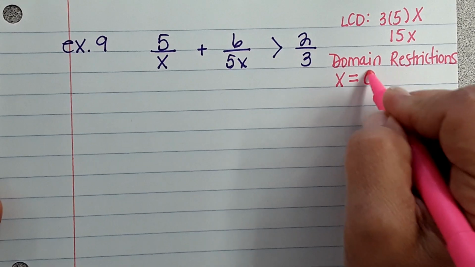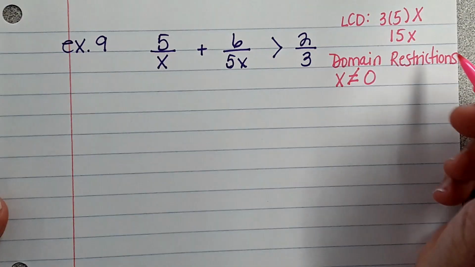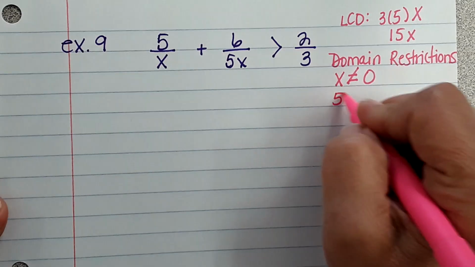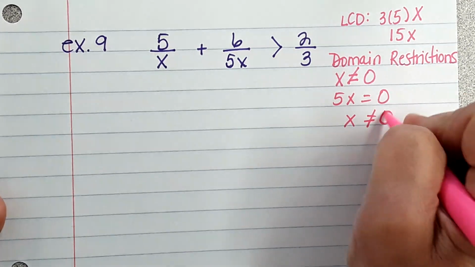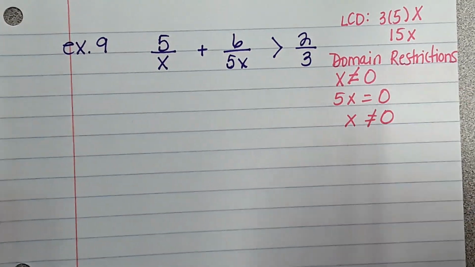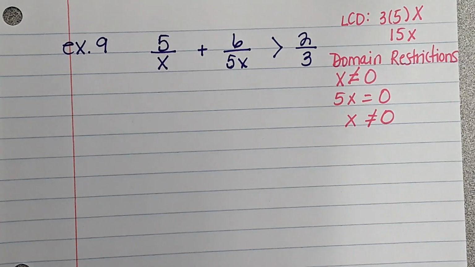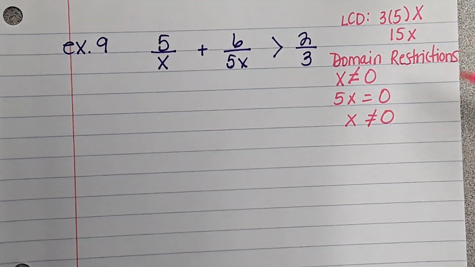So that right there is a domain restriction. And then you're going to take 5x and set that equal to 0. X cannot equal 0. So our domain restriction basically is x can't equal 0. Okay, now you found the LCD, you found the domain restrictions. What questions do you have?